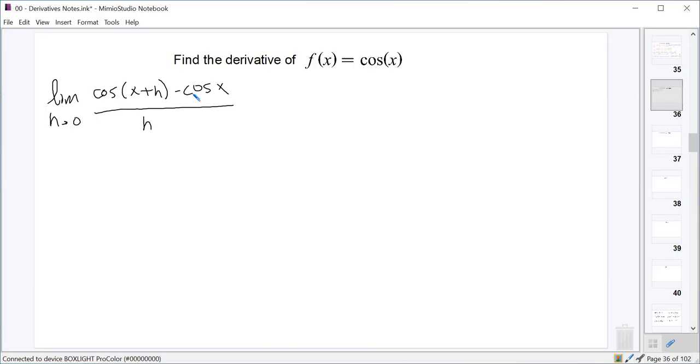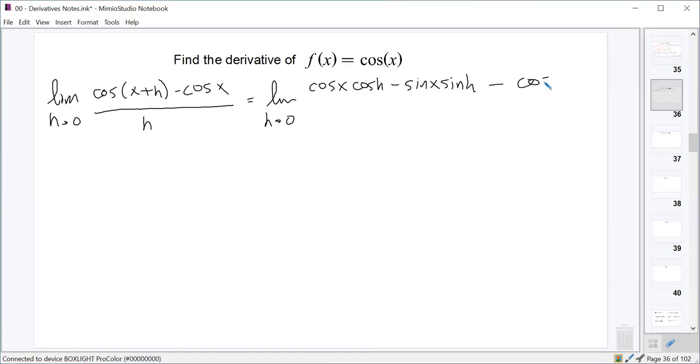If you don't know the formula for that, you can look up the sum formula for cosine, but it should come out to be a limit as h approaches 0 of cosine x plus h, which is equivalent to cosine x cosine h minus sine x sine h.